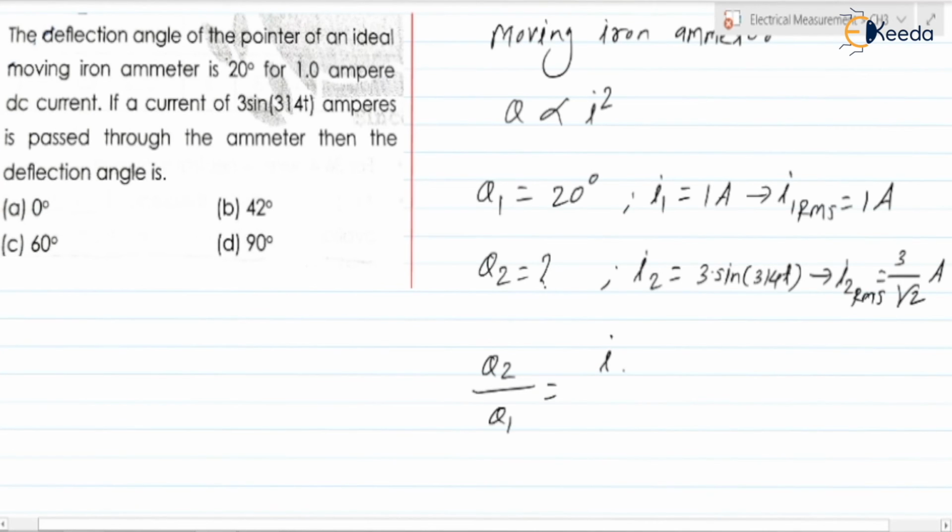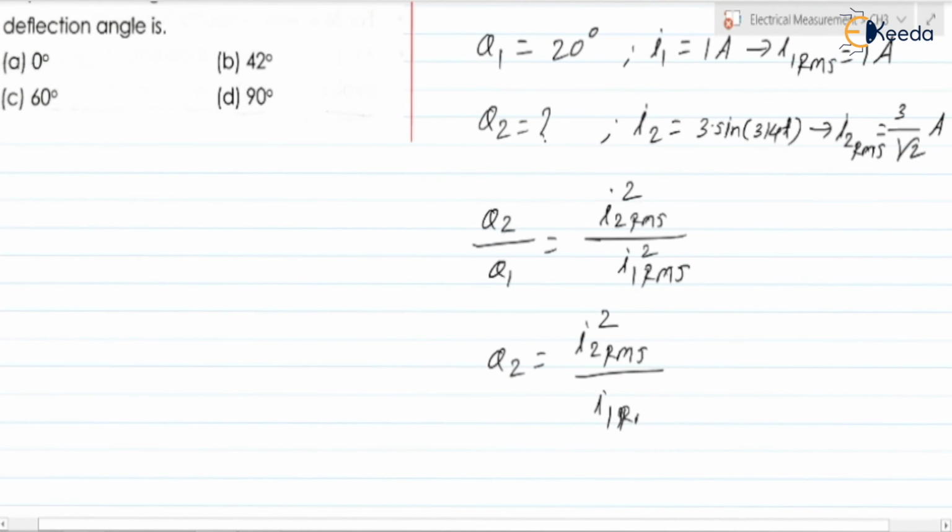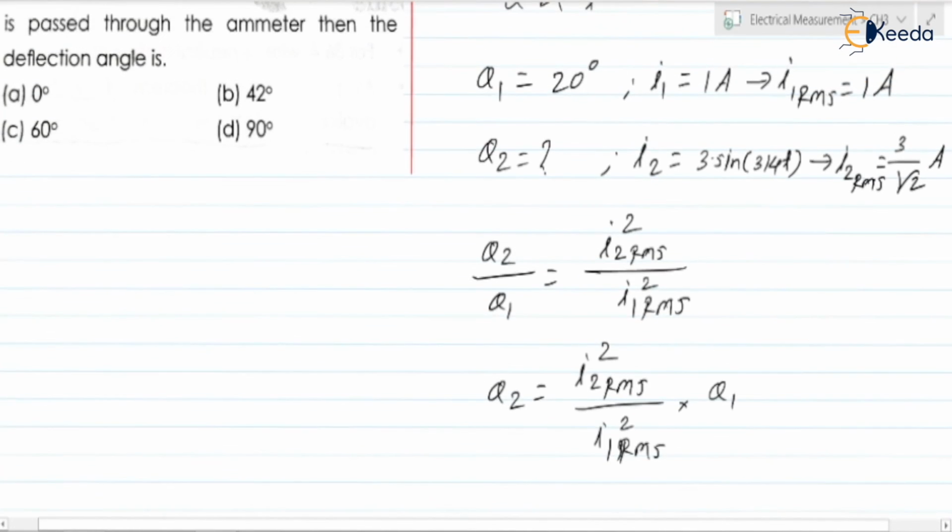Next, can we say that theta 2 by theta 1 is equal to I2 RMS square divided by I1 RMS square? So we can write theta 2 is equal to I2 RMS square divided by I1 RMS square into theta 1. What is the I2 RMS?